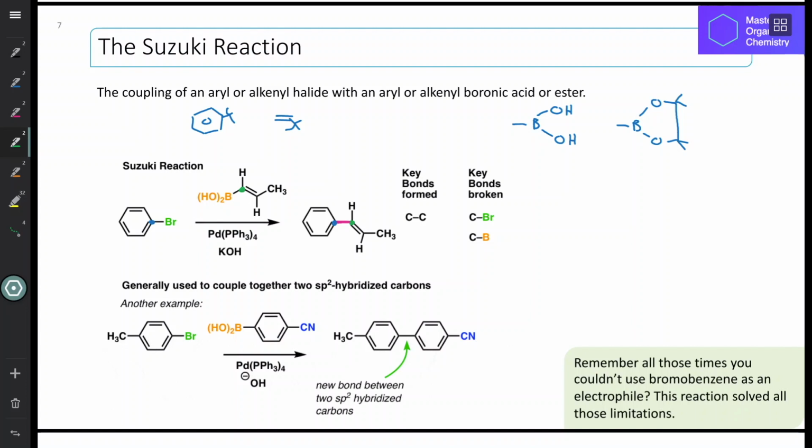And what's really amazing about these reactions is they're pretty happy with other functional groups. So you can have a cyano group in there, an amine, it will still work. Sometimes you might have the base react on the side, but you just quench afterwards. But generally, it's very tolerant of other functional groups.